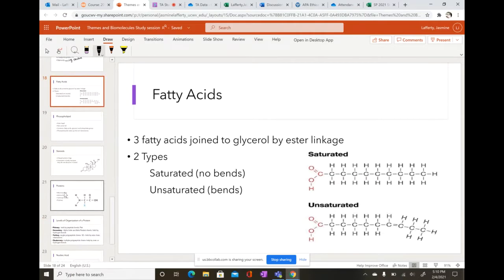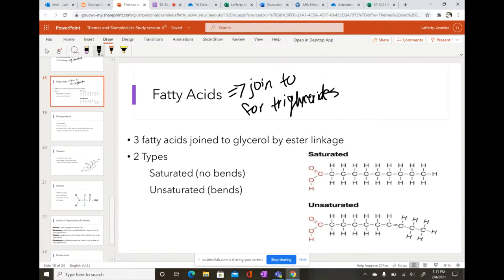Okay, so fatty acids. Remember, fatty acids join to form triglycerides.